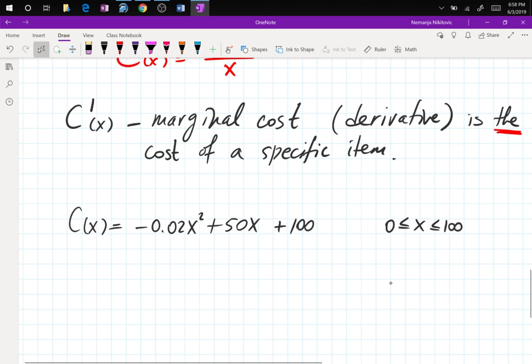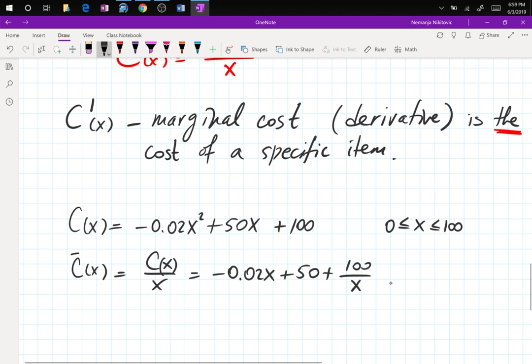So now we would like to know the average cost. Well, that's going to be our C of x divided by x, which is simply negative 0.02x plus 50 plus 100 over x. And we would like to know the marginal cost, which is C prime. And that one is the derivative, which is negative 0.04x plus 50.